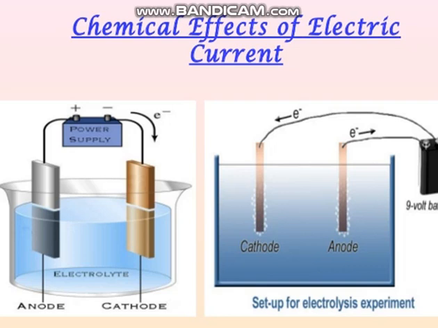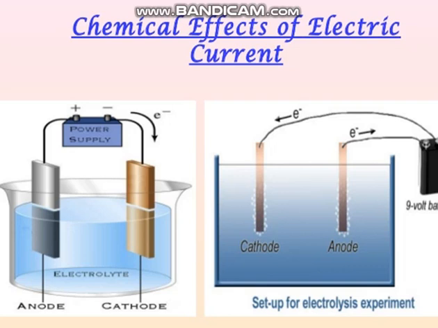When we pass the electric current through the liquid, that liquid, which is also known as electrolyte, dissociates into the ions, cations and anions. Cations are the positively charged ions, and these cations will move towards the cathode because cathode is negative and cations are positive.